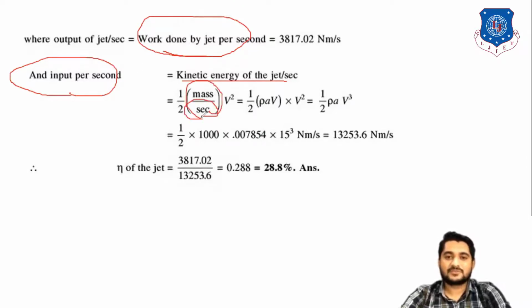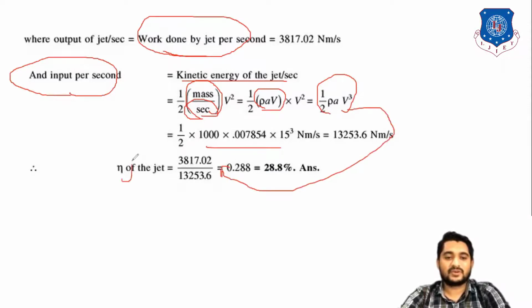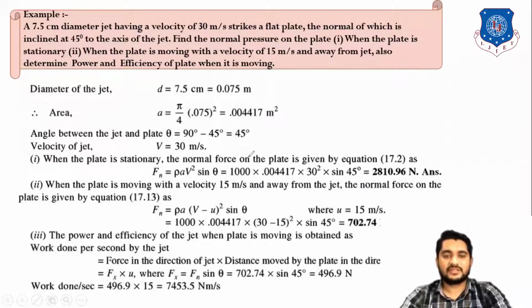So mass per second, that means mass flow rate. So 1/2 rho AV into V square, so 1/2 rho AV cube. So let us find value of input, and then by output by input we can find efficiency of jet. Clear, students? Let us solve one another example.